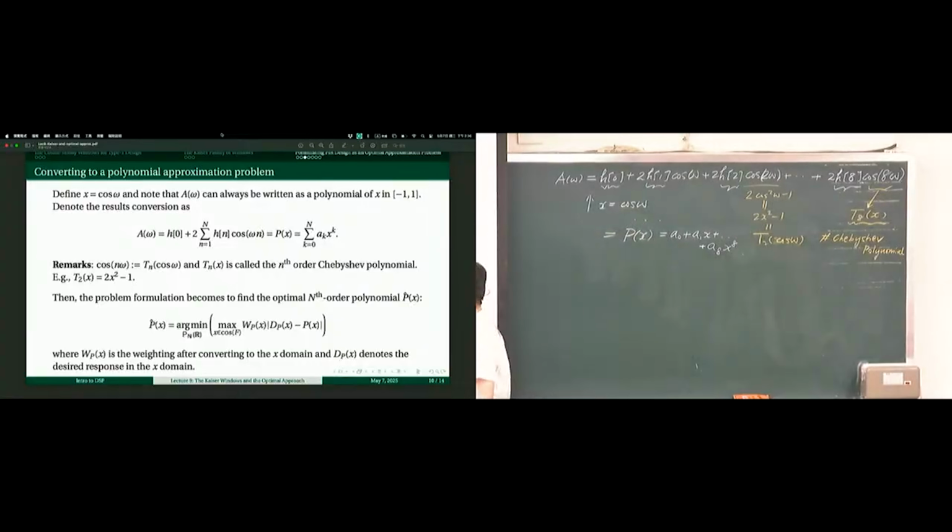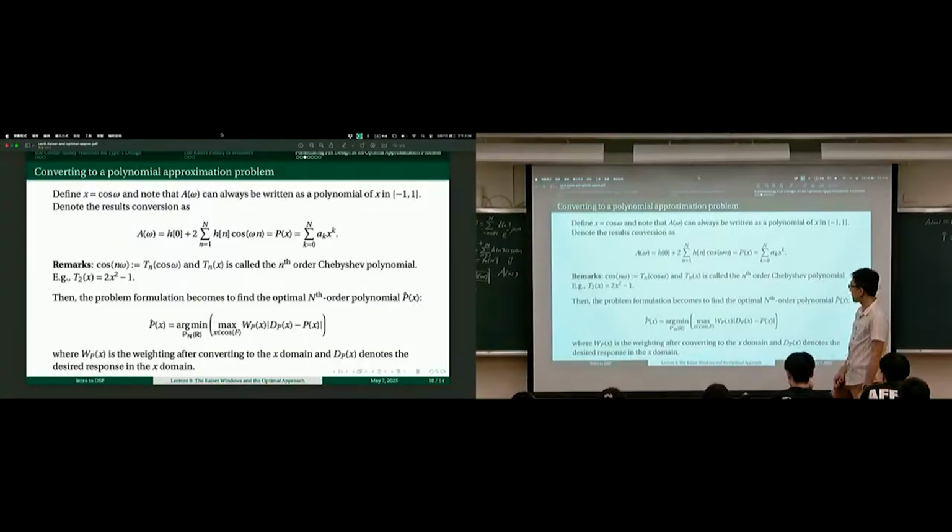This polynomial is the argument which minimizes the maximum weighted approximation error. Let me read that again. Approximation error: dp of x minus p of x. P of x is your performance. P of x is your design. And you want to find a p of x in this space. This is a vector space, if you will.